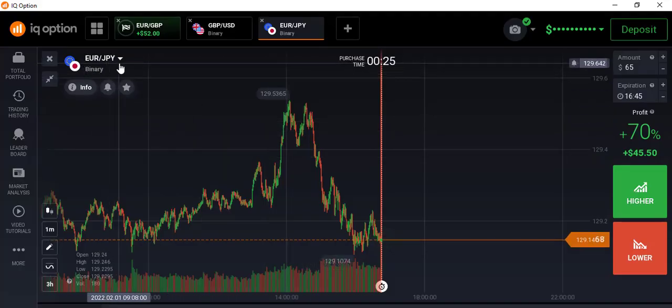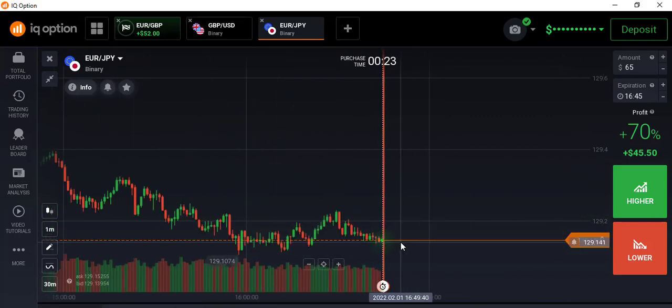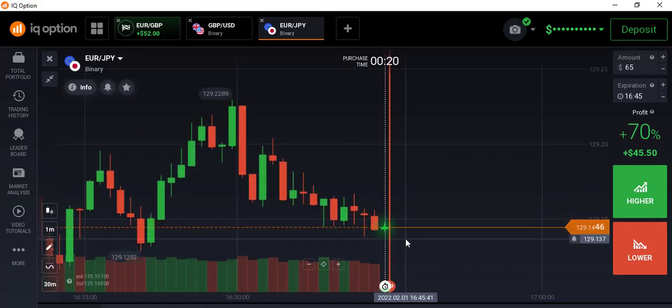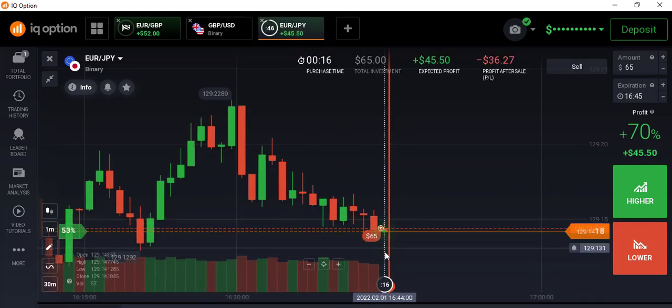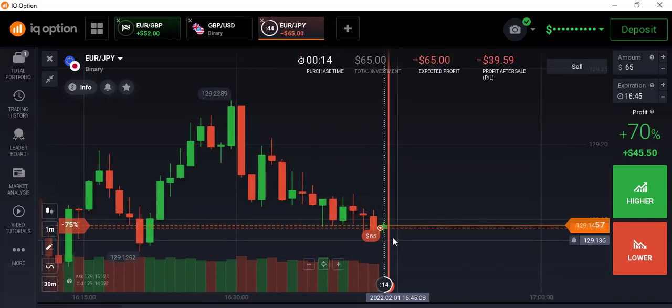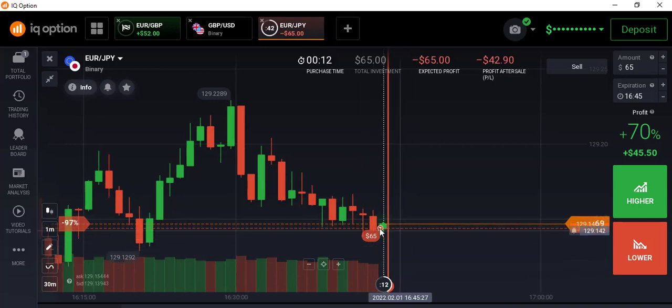Okay, this is Euro JPY pair, and market is trying to falling down here. Okay, so I think market again continue here to the downward direction. So after 1 minute market will give us here a bearish candle, and I must win this trade.